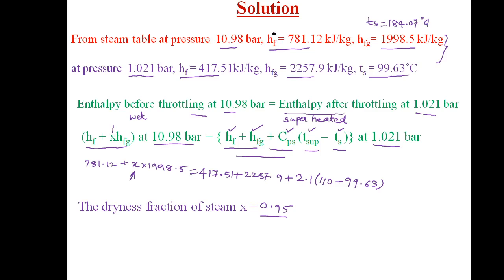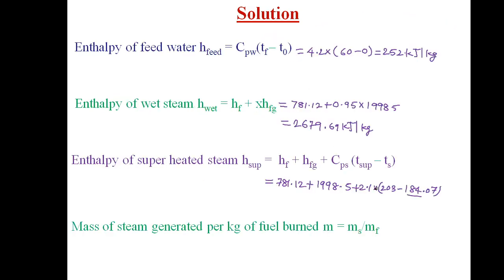This data is used here to find the enthalpy of superheated steam coming out of the boiler. On simplification, we get the enthalpy of superheated steam as 2819.37 kilojoules per kg.